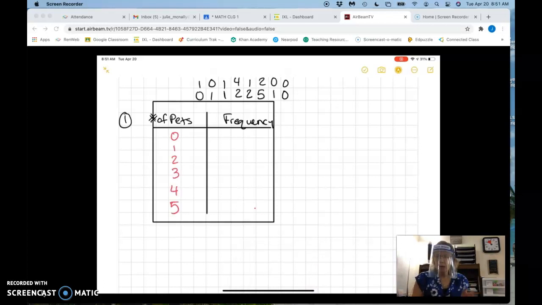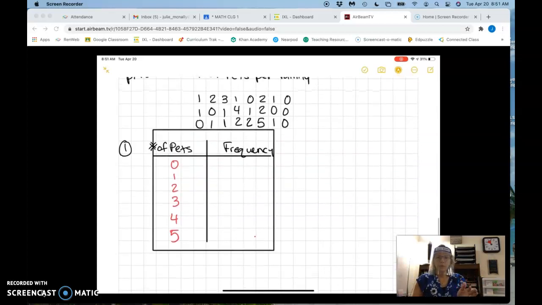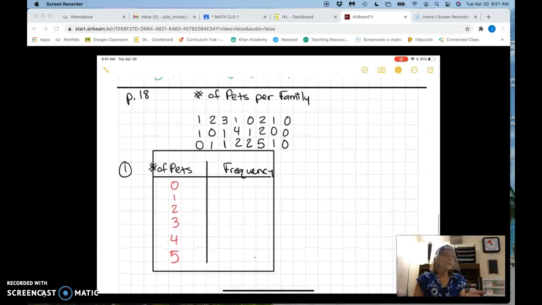So that's what I'm going to write down. And then in the frequency table, I'm going to write the frequency that those numbers occur. So how many zeros are in my little chart up here? 7. Good, 7. So remember, we're making tally marks. So 7 tally marks for 0.